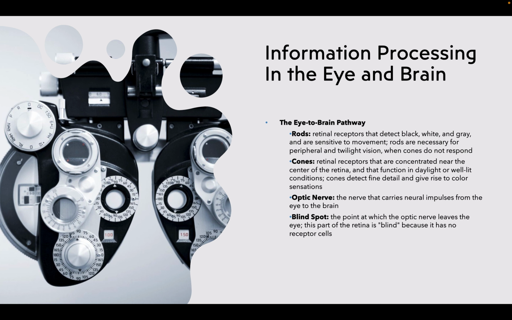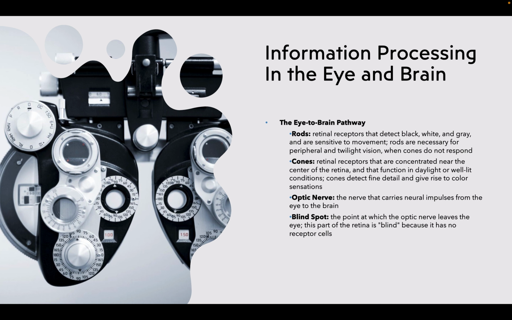When it does that, it is able to fill in that blind spot. This is a super basic understanding of that process, but it's what this course expects you to know.